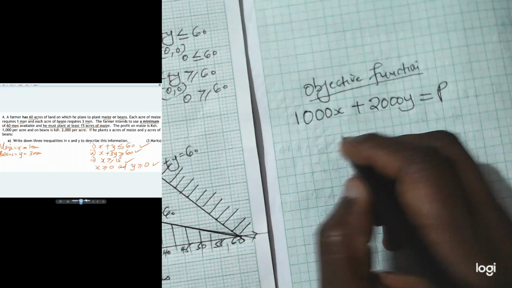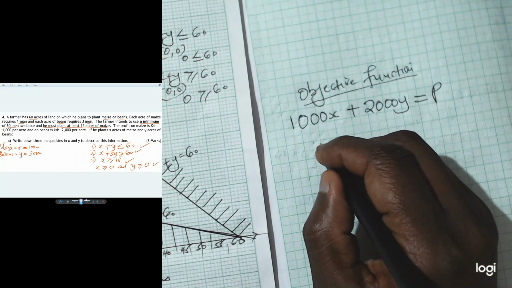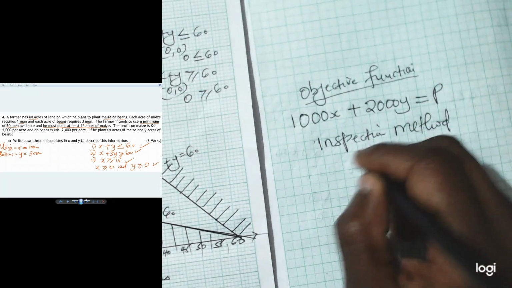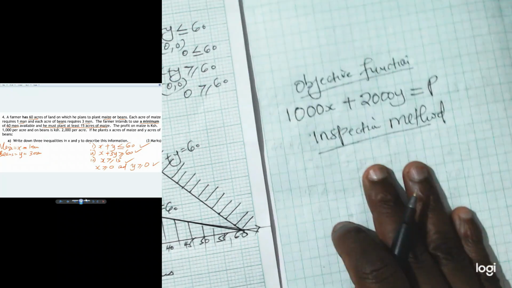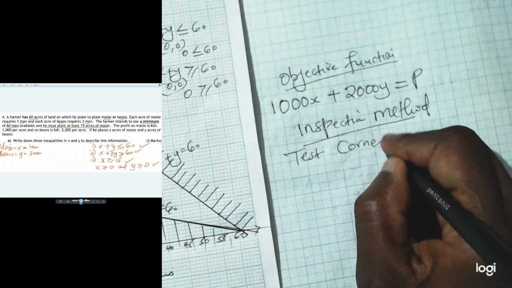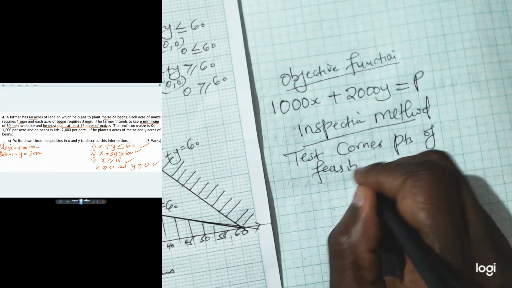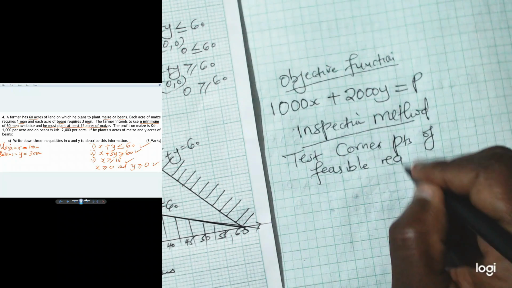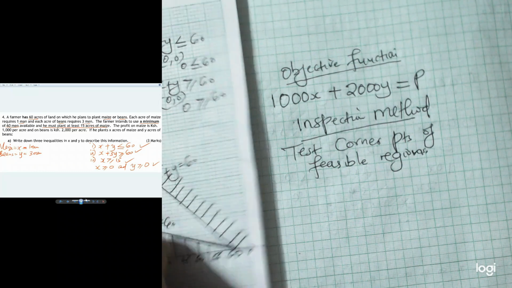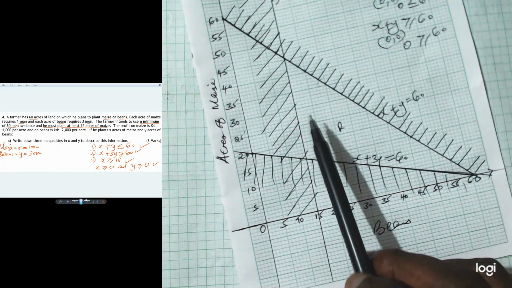Now I want us to use a different method to find the maximum profit, and that is the inspection method. In this method, you always test at least 3 points, the corner points of the feasible region. Look at the graph here and at the corner points.